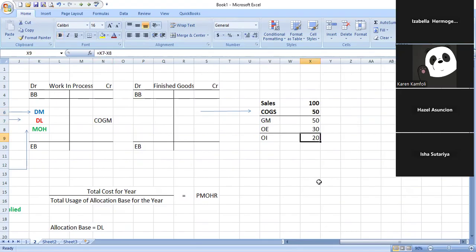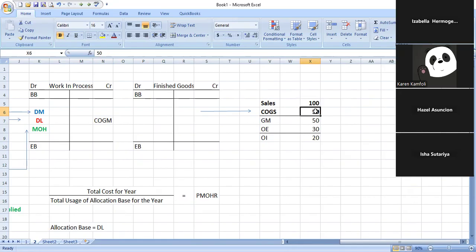Where is my operating income now? Overcosted or undercosted? What do you think? Do you follow the logic? Think about it. How are we going to get the operating income? Sales minus the cost.